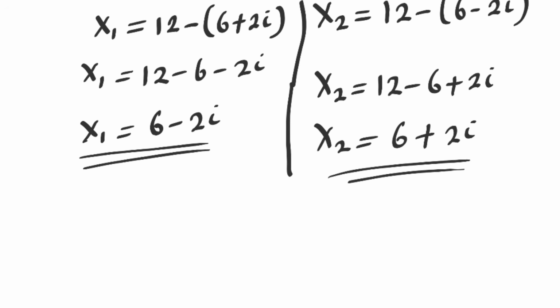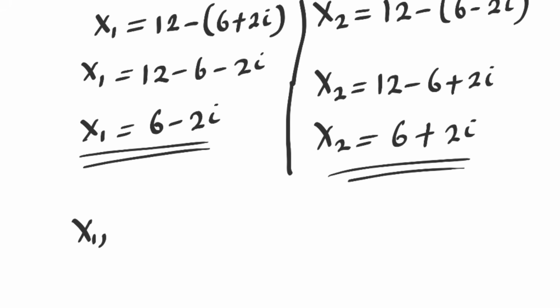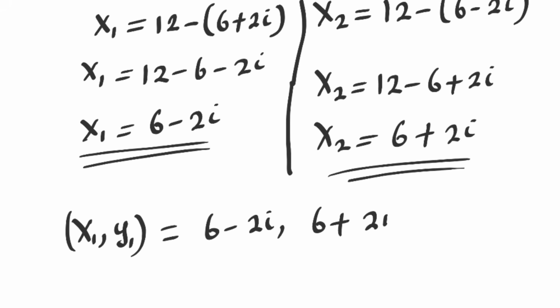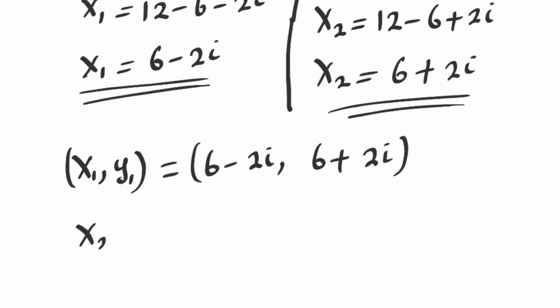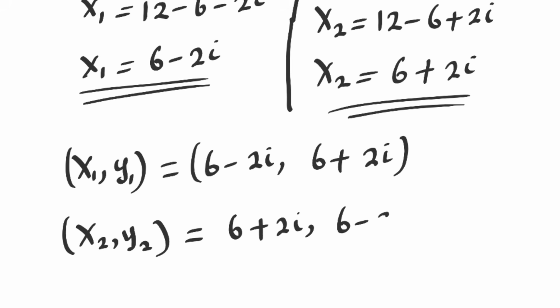Therefore, our final answer are x1, y1 is equal to 6 minus 2i, 6 plus 2i. x2, y2 is equal to 6 plus 2i, 6 minus 2i.